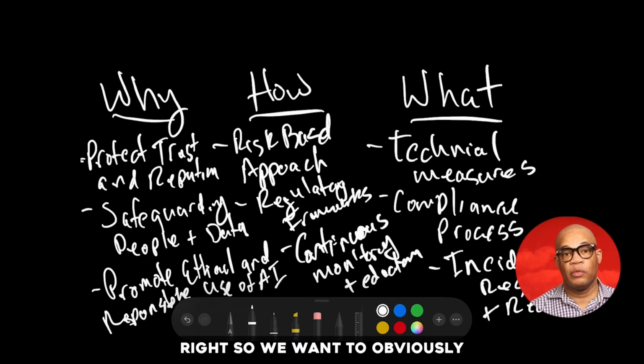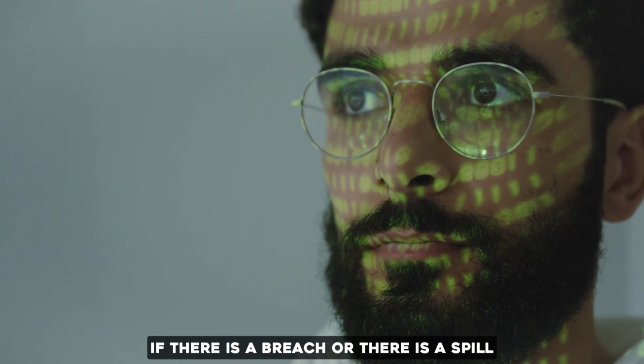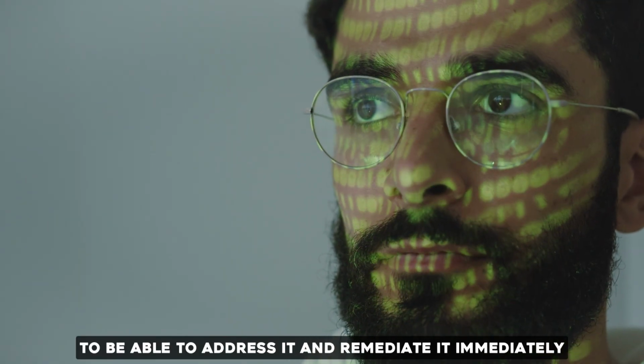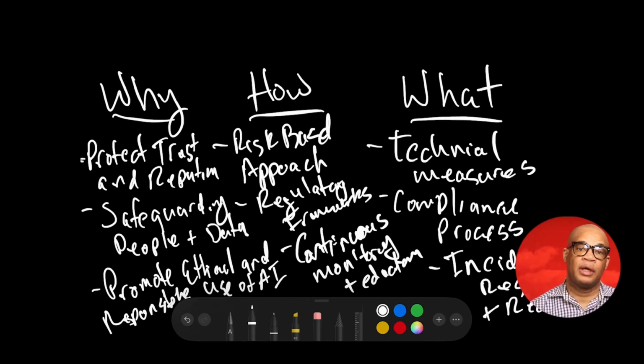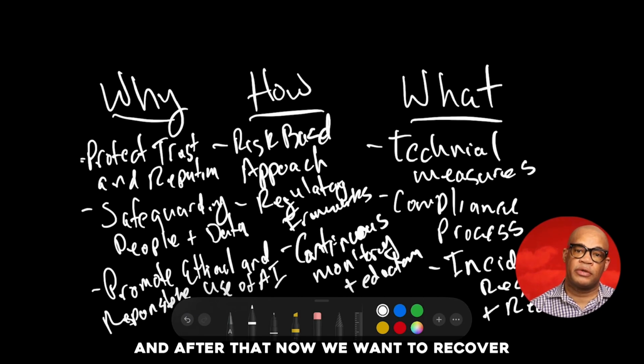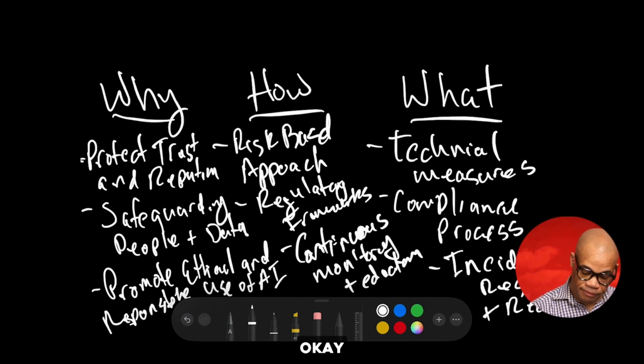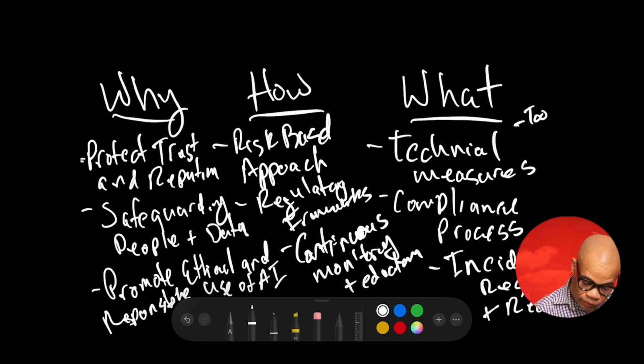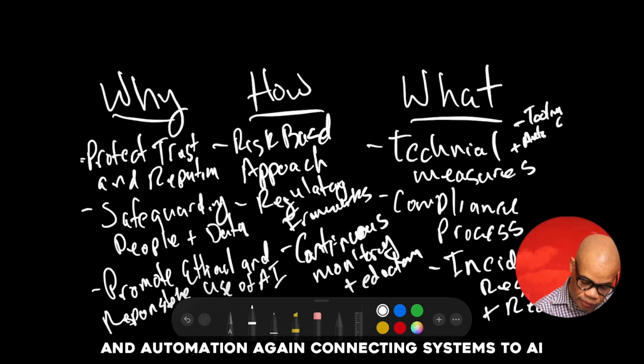Right? So we want to, obviously, if there is a breach or if there is a spill, to be able to address it and remediate it immediately. And after that, now we want to recover. Okay. Last part is the tooling and automation, right? So tooling and automation.